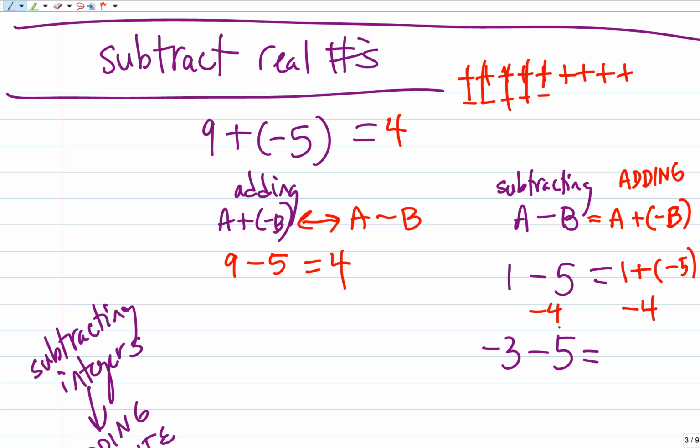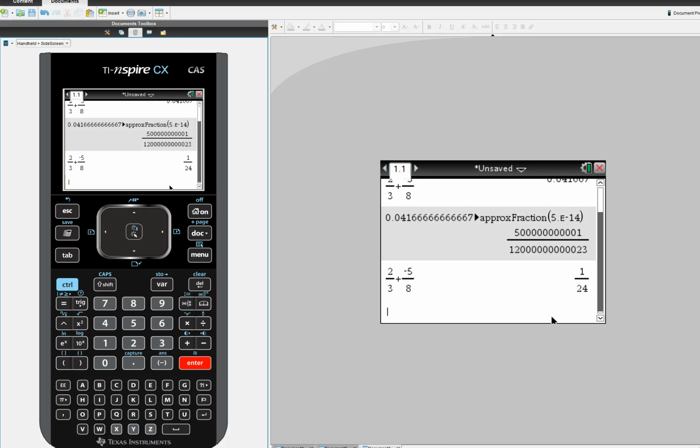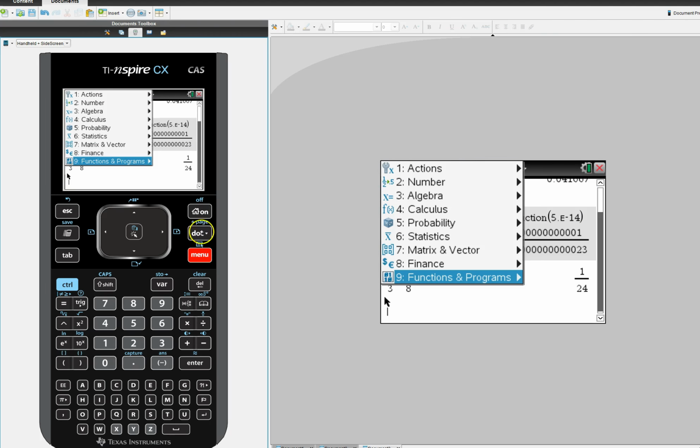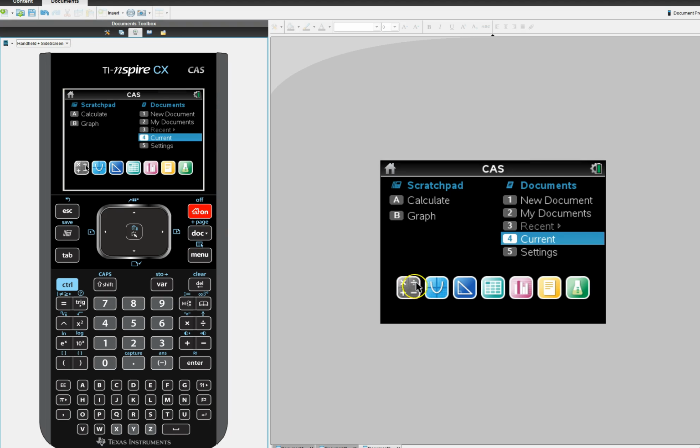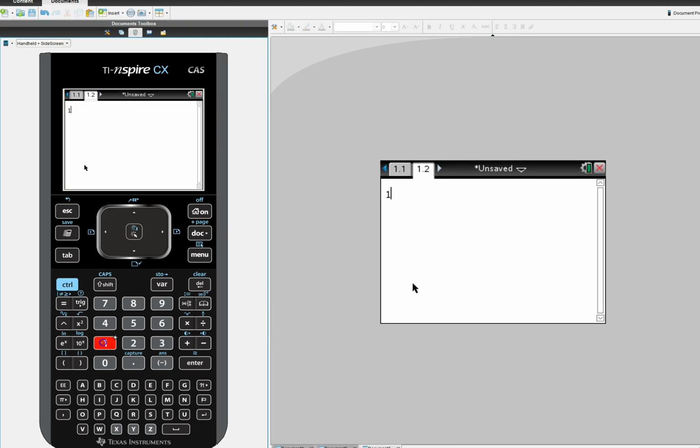The answer shouldn't change, should it? In fact, some of you don't believe it unless the calculator tells us. So let me get rid of that. That's terrifying. So let me do 1 minus 5, right, is the same thing as 1 plus a negative 5. Can we agree on that?